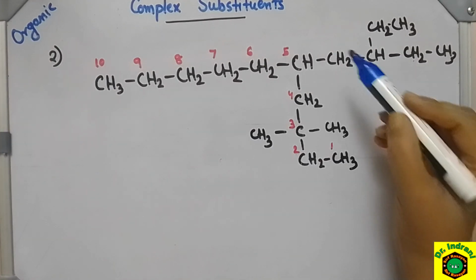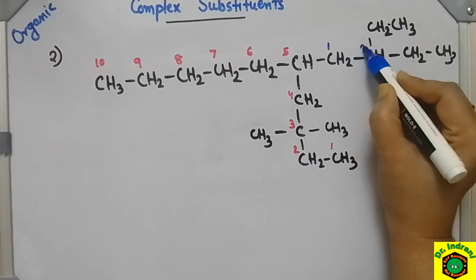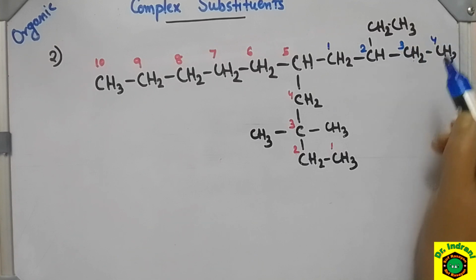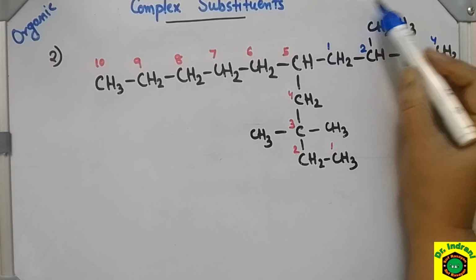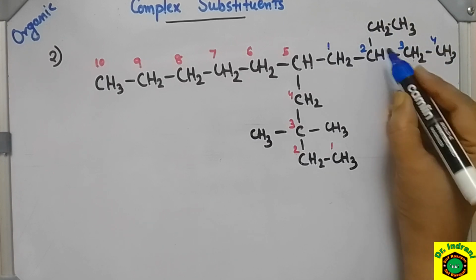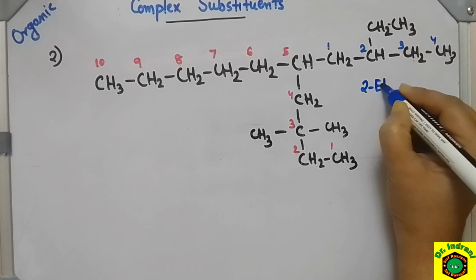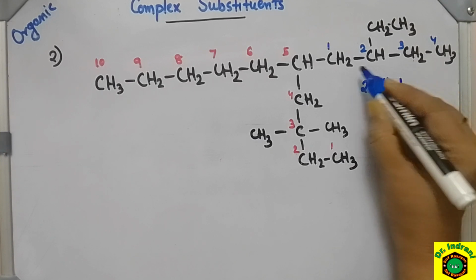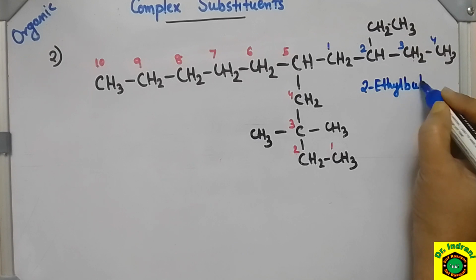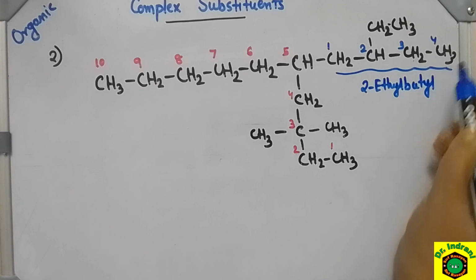This carbon is attached to the main chain, so here I am giving number 1. This carbon is 2. This carbon is 3. And this carbon is 4. So what is the name of this substituent? At 2 position an ethyl group is there. So 2 ethyl. 4 carbon atoms are there, means it is butyl because it is an alkyl group.